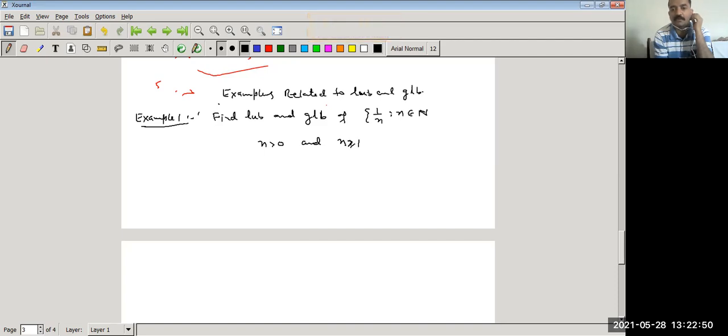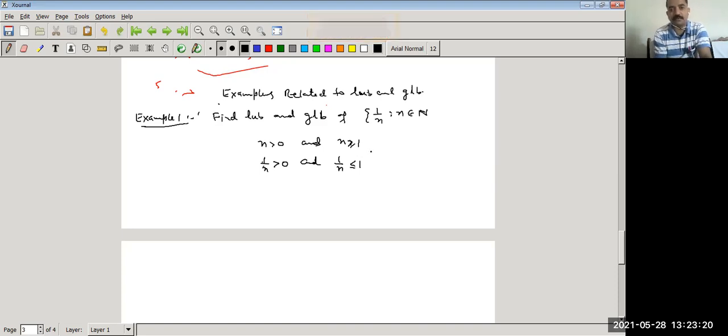Set of natural number is always greater than equal to 1. So 1 upon n is also greater than 0, because if any number is greater than 0, then its reciprocal is also greater than 0, and 1 upon n is less than equal to 1 here.